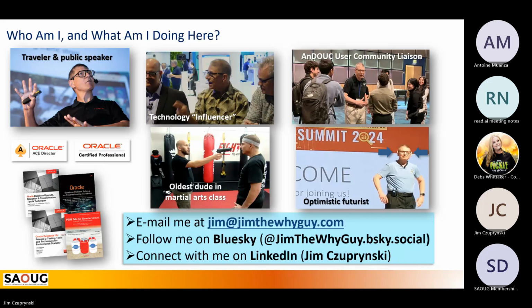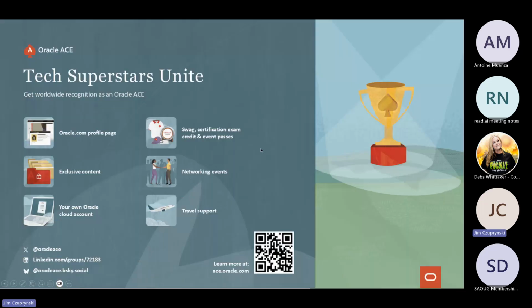One other point about the ACE program. I have been an Oracle ACE director now for about, I guess I'm starting my 12th year. I do not work for Oracle. Oracle supports a community of around 600 plus Oracle ACE Associates, Oracle ACE Pros, and Oracle ACE Directors.